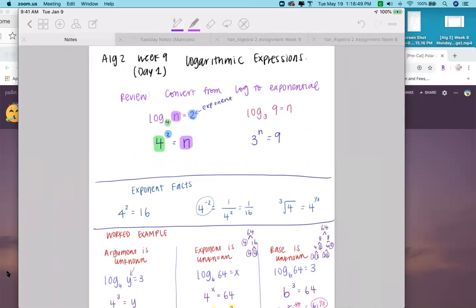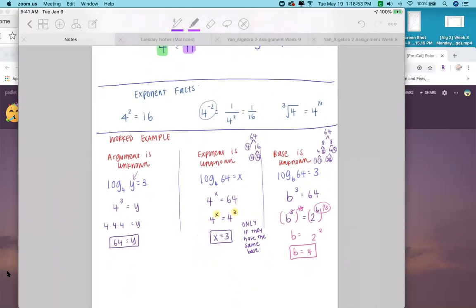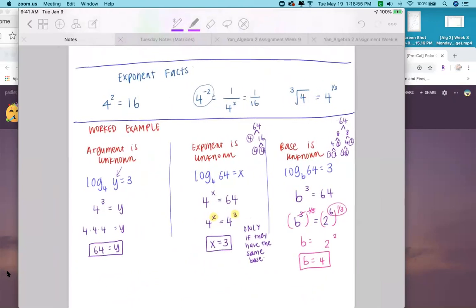This section, what you're doing is you're solving for the letter, whatever letter you're given. Okay, so if you look down here, we got some exponent facts to review real quick. When we have 4 squared, it equals 16. You all should know that, okay?